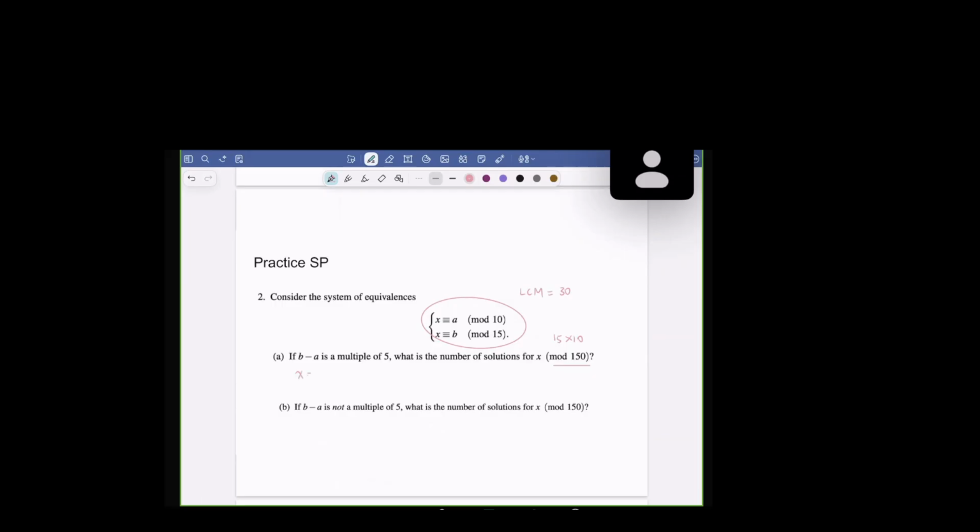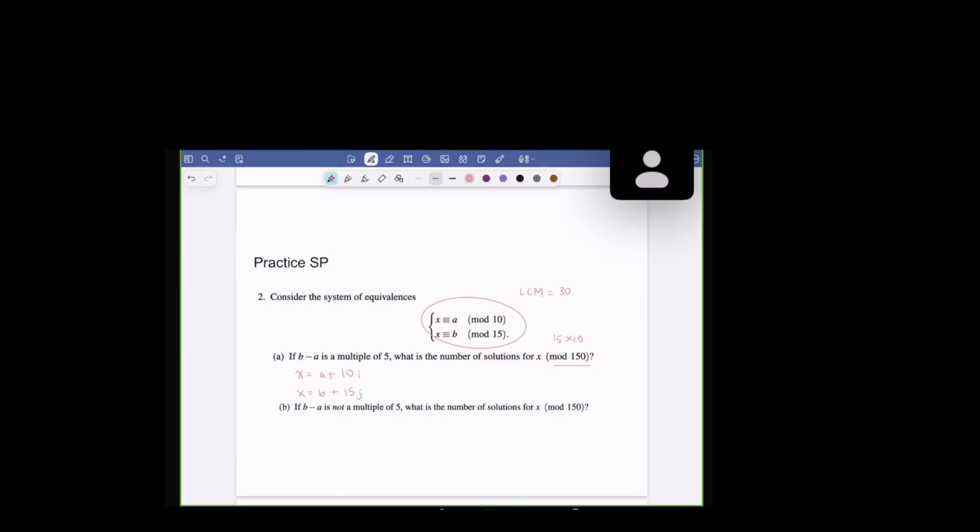And now we can write x. We want x to hold that x is equal to some a plus 10i, and we also want x to hold that x is equal to some b plus 15j.